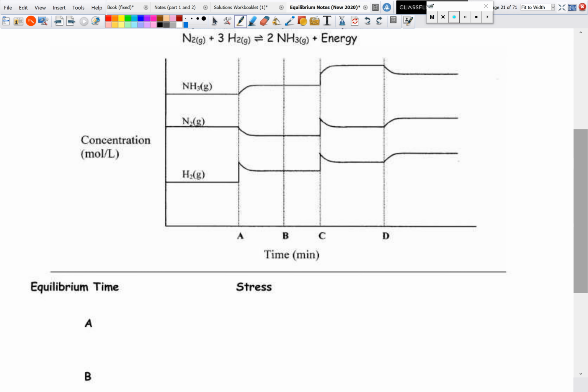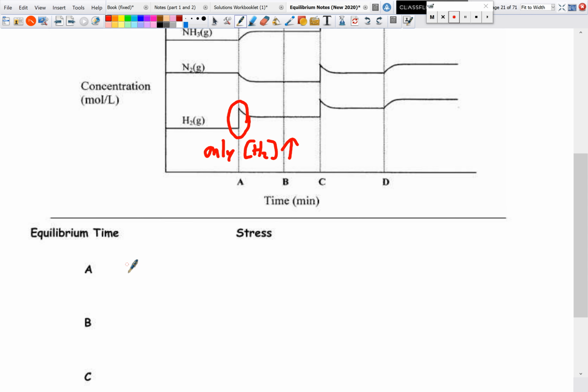So at stress A, we will notice that at point A we can tell NH3, so more NH3 is being produced, more N2 is being produced, and a new equilibrium is being established. But we see this point right here. This tells us that only the concentration of H2 is increasing. Now that is the stress: we have an increase in H2.